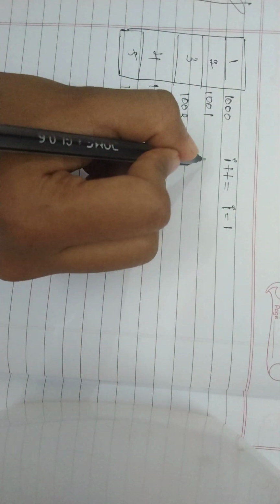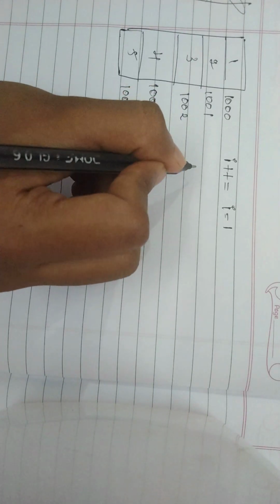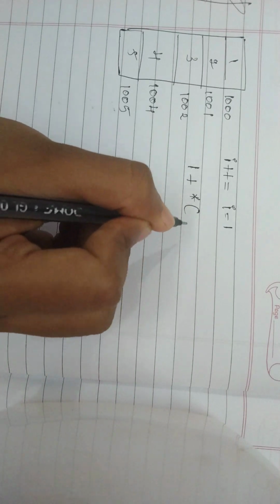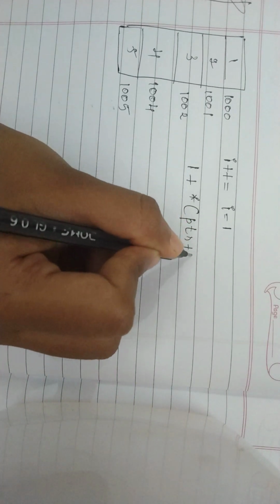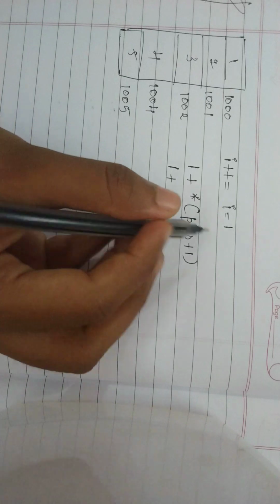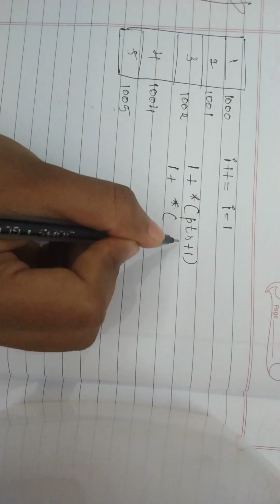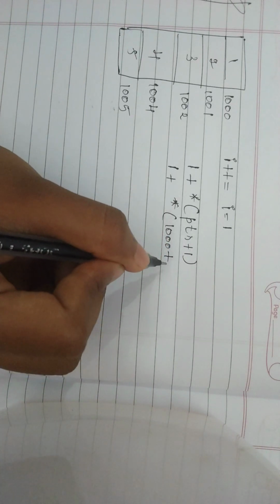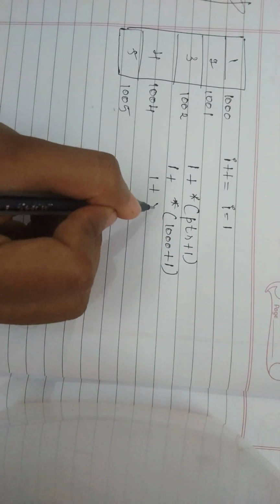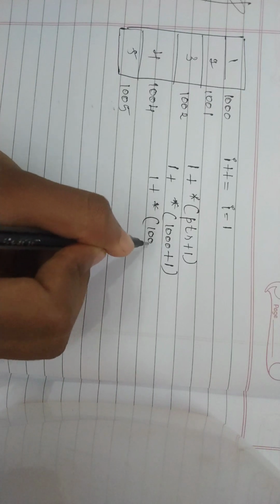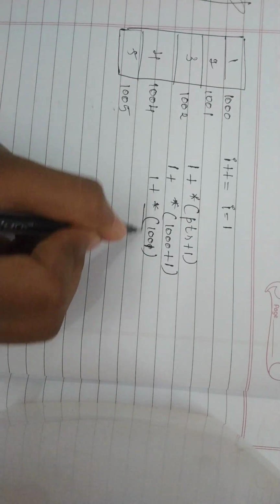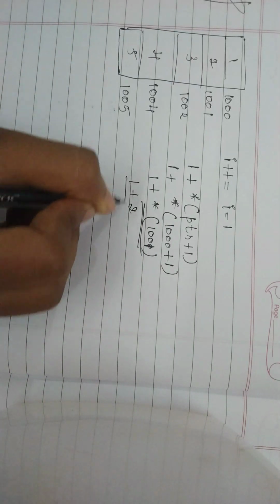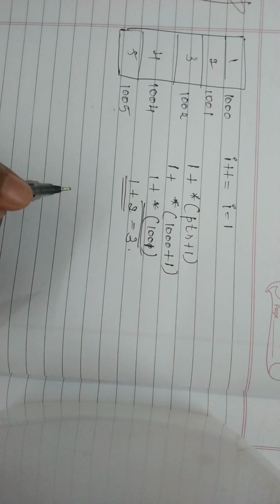So 1 plus star of ptr plus 1. ptr is 1000 as we initialized before, and i is 1, so 1001. This shows the content of 1001. What is the content? 2. So it becomes 1 plus 2, which is now 3.